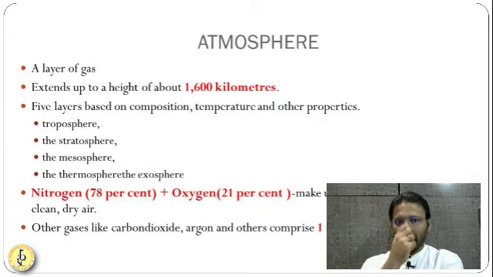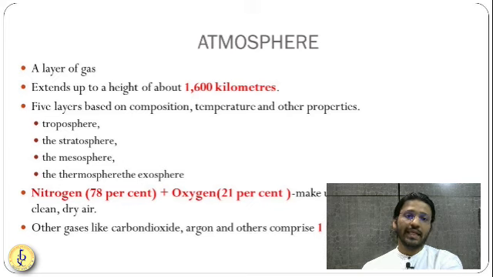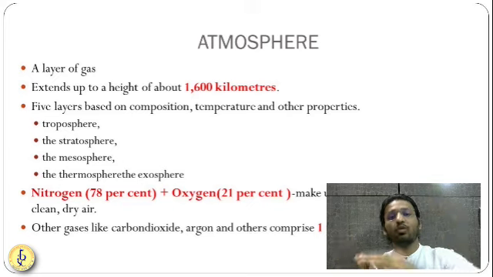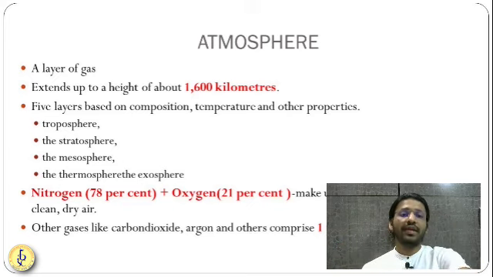The next important domain of the Earth is the atmosphere. The atmosphere is nothing but a thin layer of gas surrounding the Earth. How far does it extend? It extends up to 1600 kilometers.